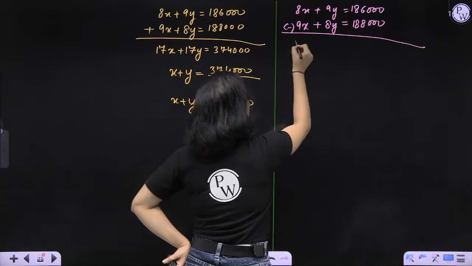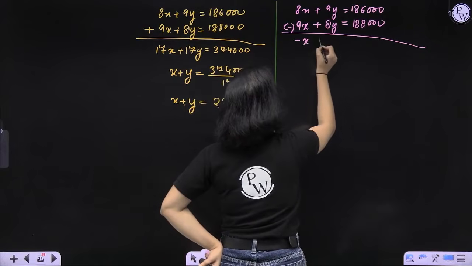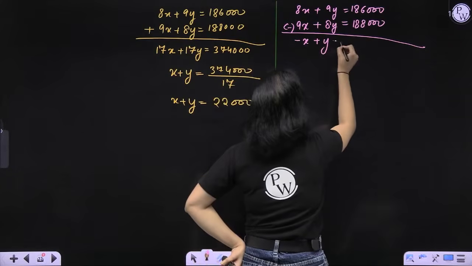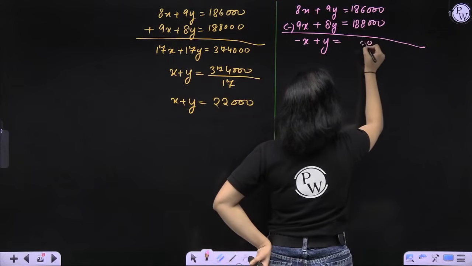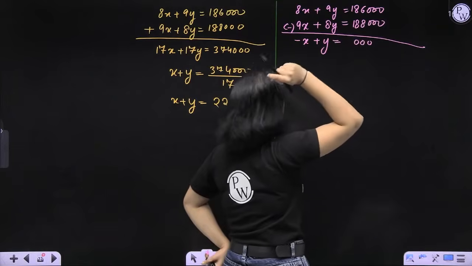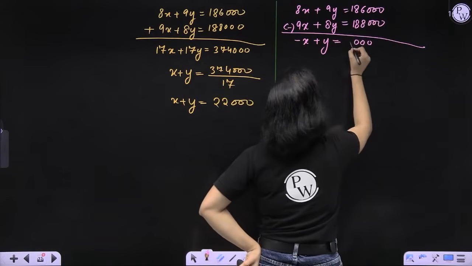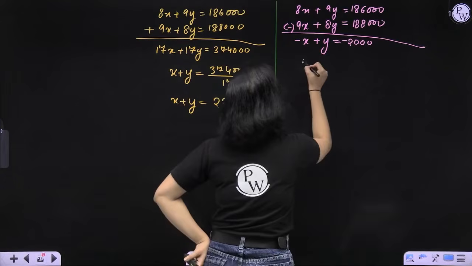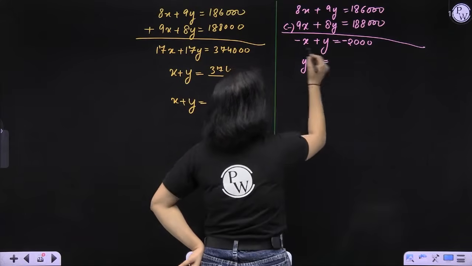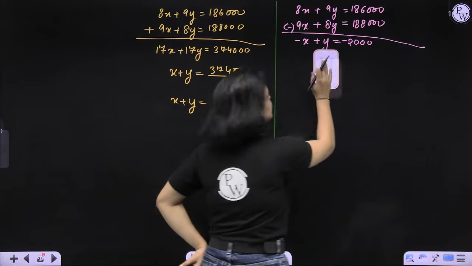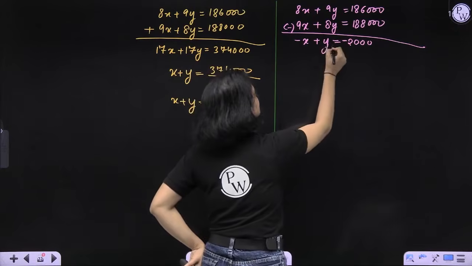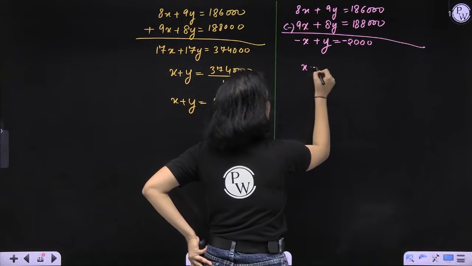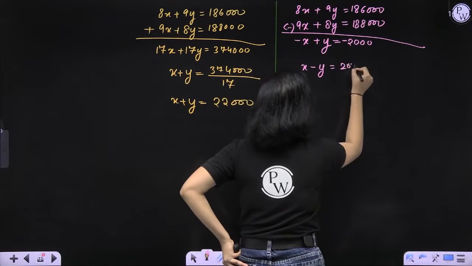So as soon as you subtract, you will get minus x here, you will get plus y here, right? 9y minus 8y, so plus y is equal to minus 2000. This is what you get. Let's just rewrite this. So this is y minus x is equal to minus 2000, or we can take the negative sign common, okay, because negative 2000 is thoda sa irritating. So you can take negative sign common here, and it will reduce to x minus y is equal to 2000. This is what you get.